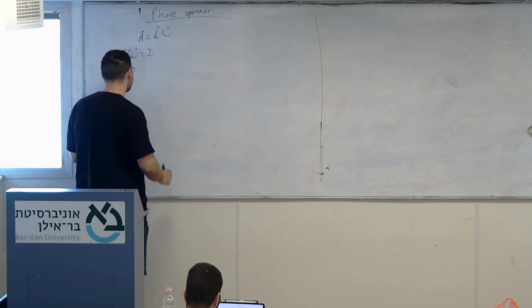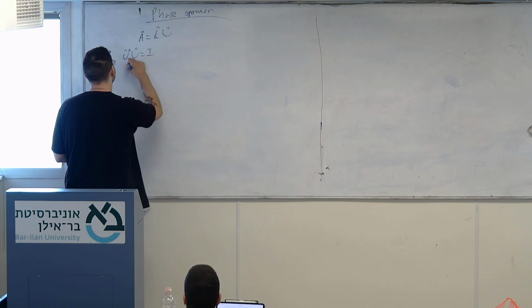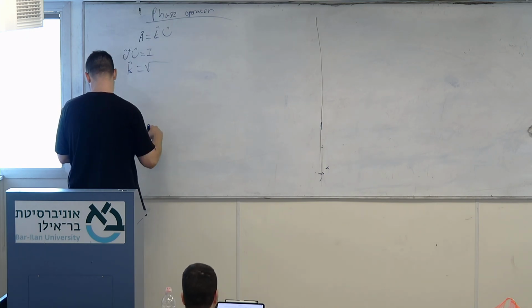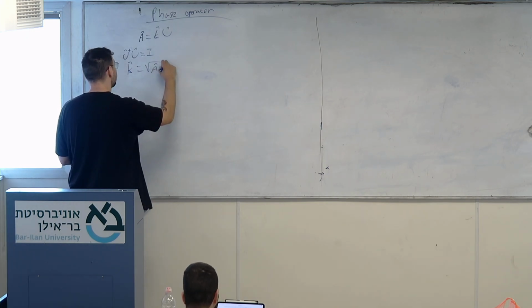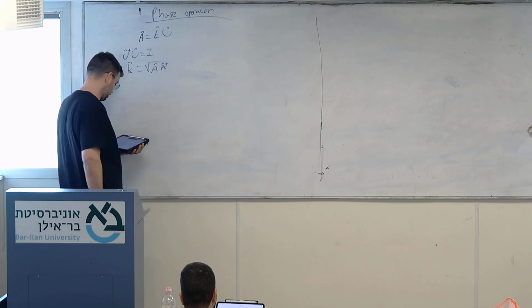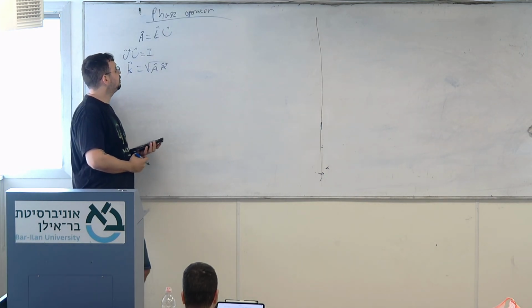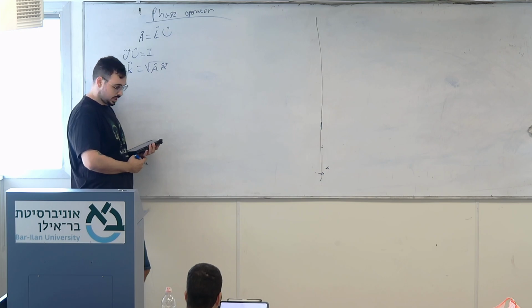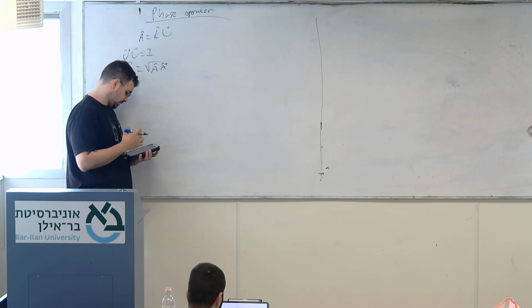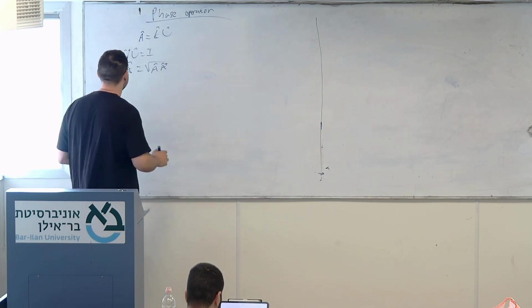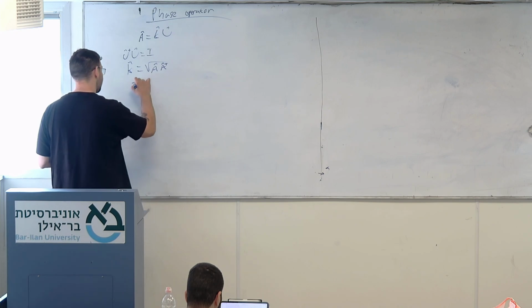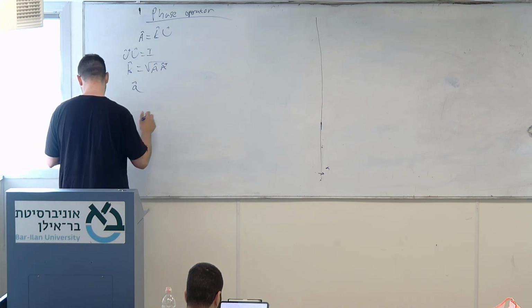And K will be equal to the square root of A dagger A. Now let's see what will happen if we try to decompose the annihilation operator, which is sort of standing for a number in quantum mechanics.